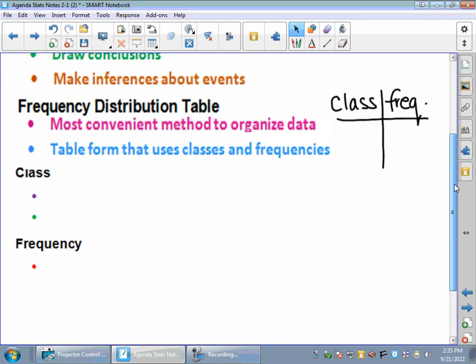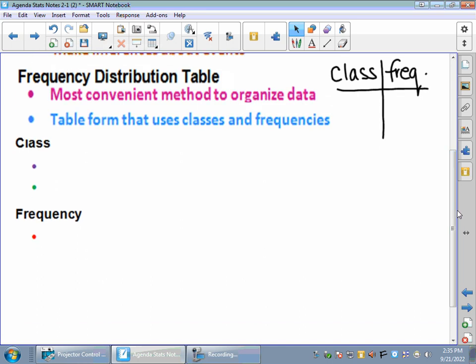So since we're using classes and frequencies, we should probably talk about what they are. So a class is a qualitative or a quantitative category. So down that class column, if we're talking about the colors of shirts of people, we might have red, blue, purple, and green. Those would be our classes.